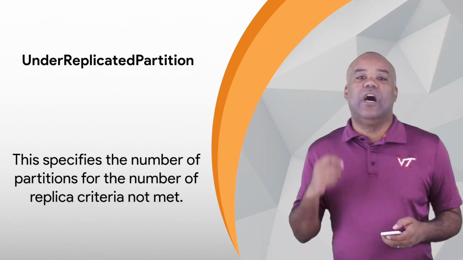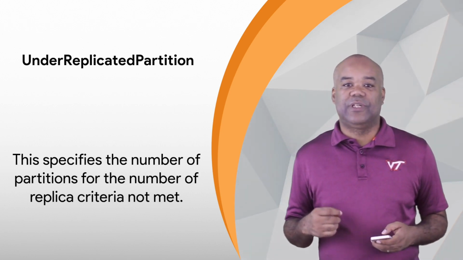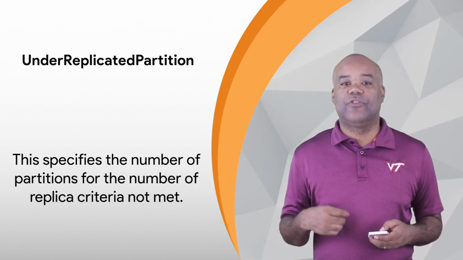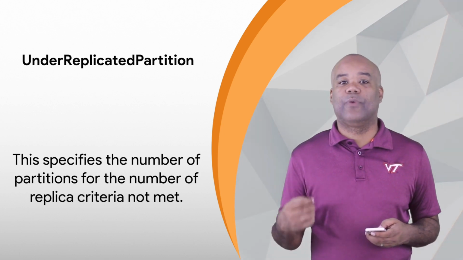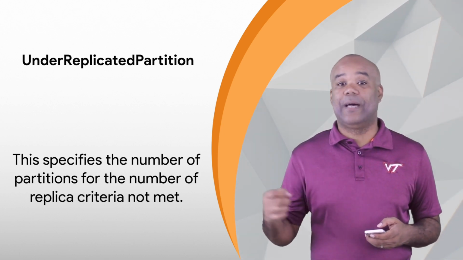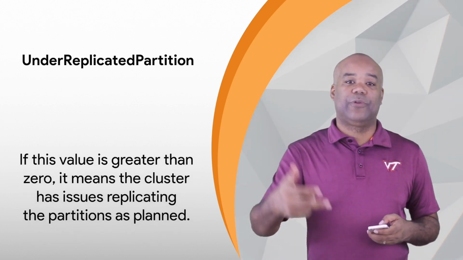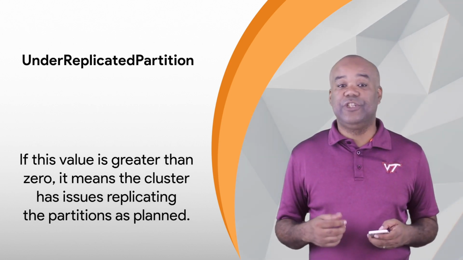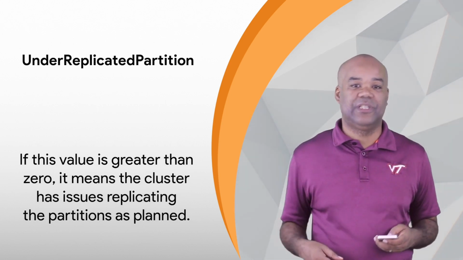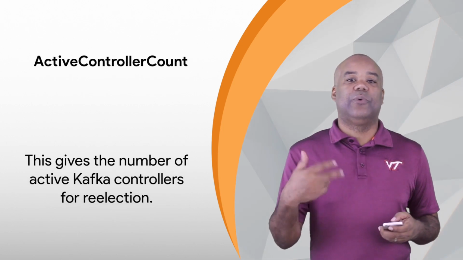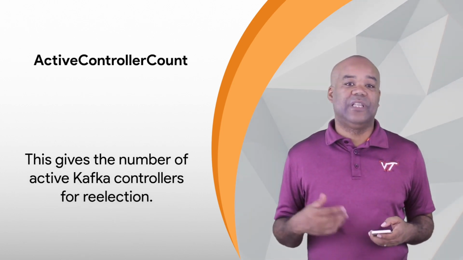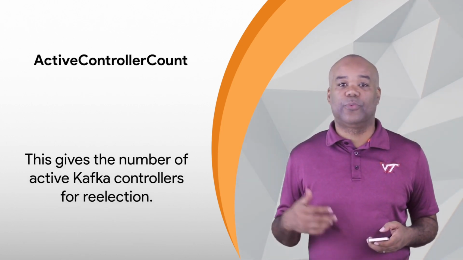We also have under-replicated partitions that you can see. And this is going to specify the number of partitions for which the number of replica criteria is not met. So if this value is greater than 0, it means that the cluster has issues replicating the partition as planned. There's also active controller count, which gives the number of active Kafka controllers for re-election.